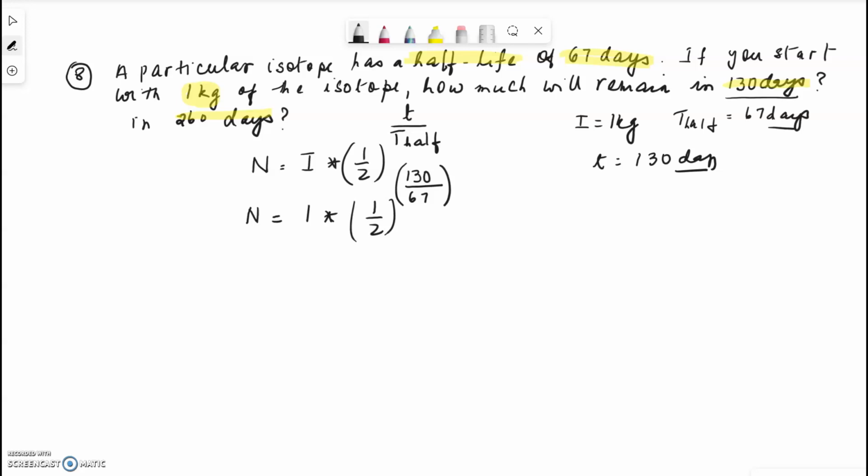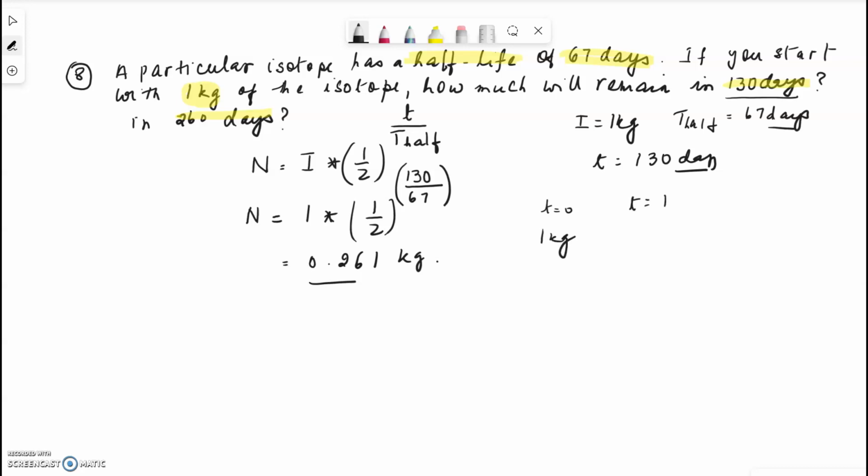So I'm going to use my calculator. Rounded to the thousandths place, that is 0.261 kilograms.